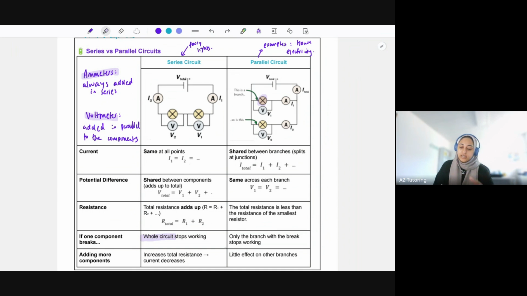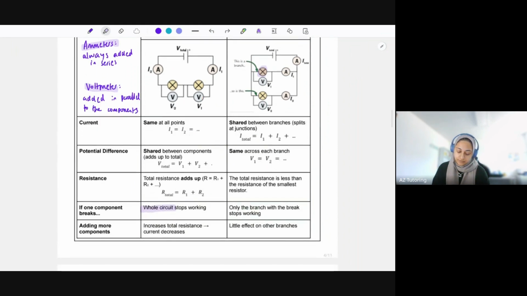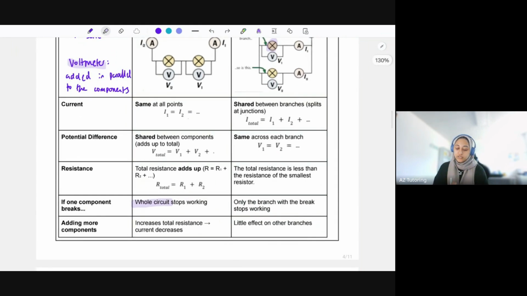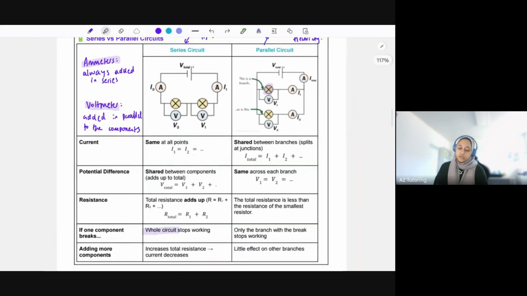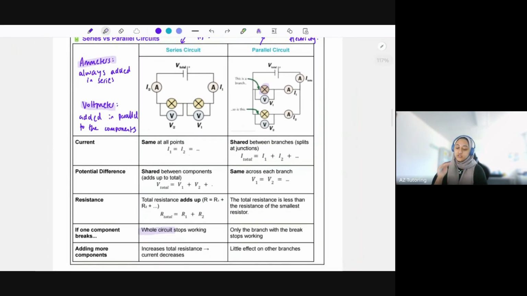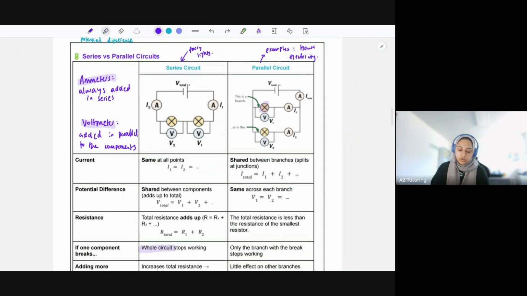So that's the reason why it's more advantageous to use a parallel circuit over a series circuit. So keep that in mind. If one component breaks, the whole circuit stops working for the series, but in parallel, it's just the branch with the break that stops working.